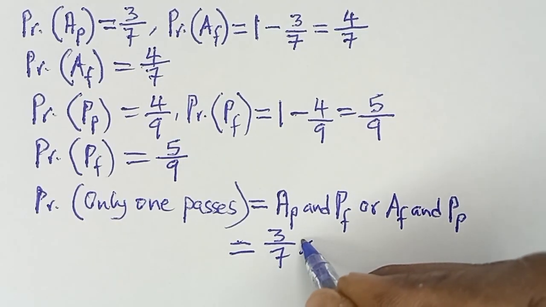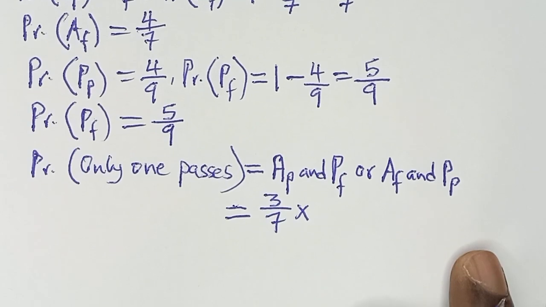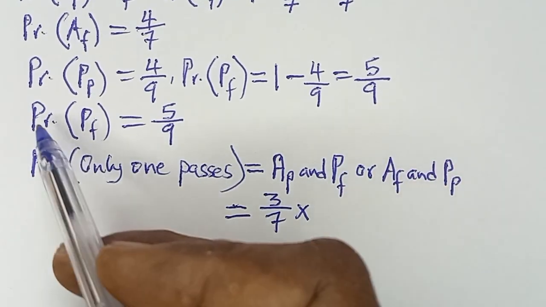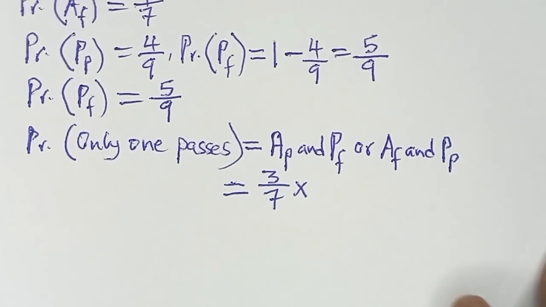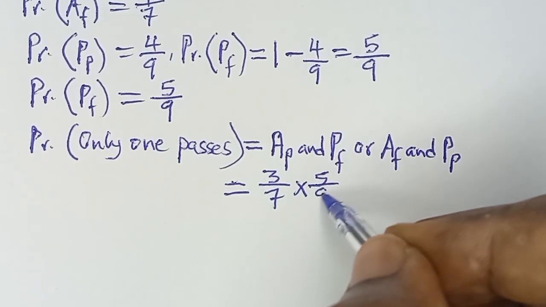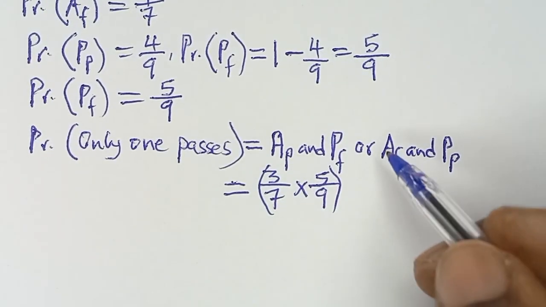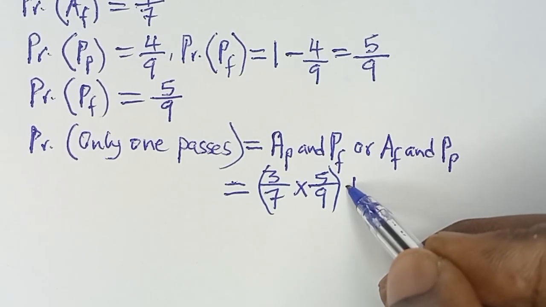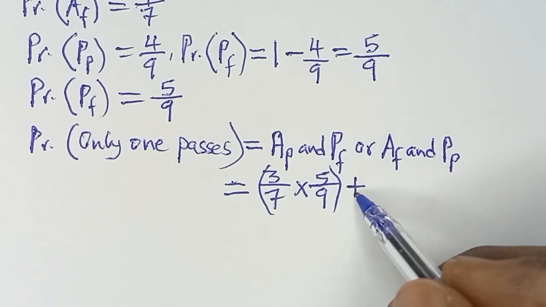And means multiplication, multiply by Peter fails. The probability that Peter fails is 5/9. So times 5 over 9. I can put this in brackets. And then the statement here says or, so that or now has to be addition. Don't forget, and is multiplication, or is addition.